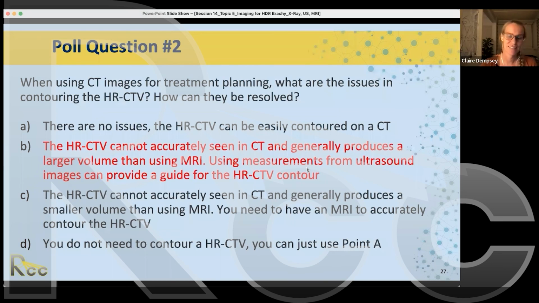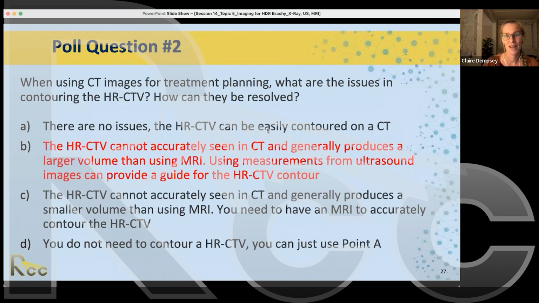Okay. So yes, you're all right. Well, most of you are right. In that poll question, the high-risk CTV can't be accurately seen in the CT. MRI is your gold standard. We also saw that if you try to contour a high-risk CTV in a CT, you generally get a volume that's larger than that of an MRI. And we've also seen that an ultrasound and an MRI actually produce volumes that are quite similar.